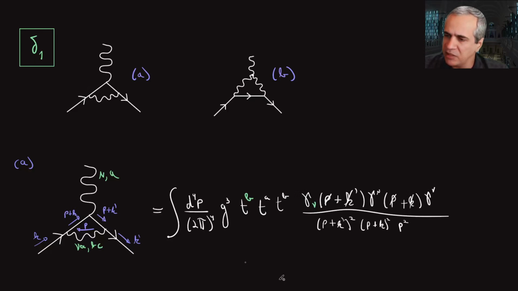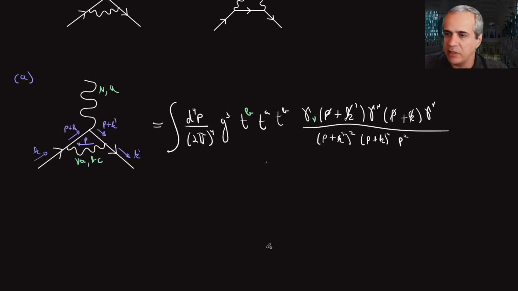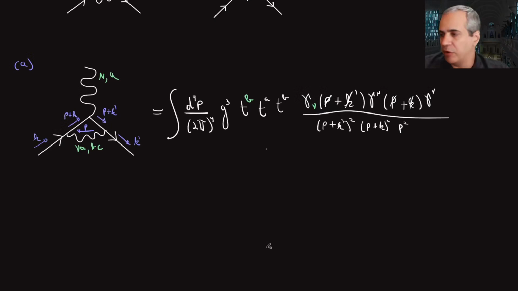Now, what is new in terms of tricks for calculating this loop? This part is the usual deal, right? But this one is kind of new. There's a nice trick for calculating this product of generators, right? So let's take a look. That's TB, TA, TB. B is contracted, right?